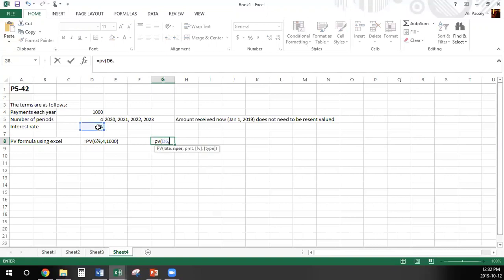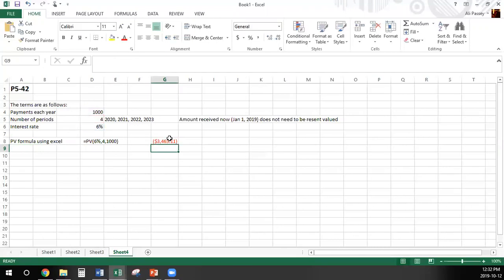The rate is 6%, the number of periods is 4, and the payment each year is 1,000. There's no future value, so we don't have to fill in that number. In this case, the present value is $3,465.11. And it always shows as a negative, so I usually just put a negative sign there so that it shows as positive.